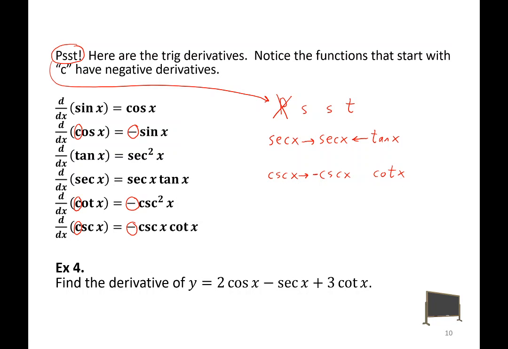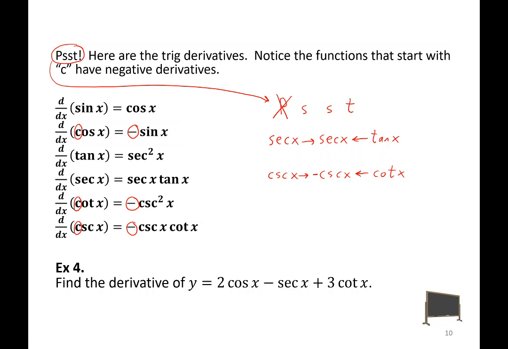Then if you want the derivative of cotangent x, it's going to be negative cosecant times cosecant, which you can write negative cosecant squared x. So these 6 trig derivatives are not too bad to remember. Just remember the derivatives of the c functions are all negative, and then you can remember the psst mnemonic, and you should be good to go.